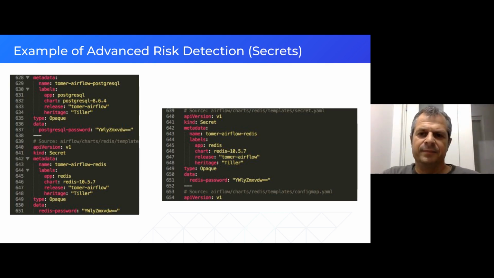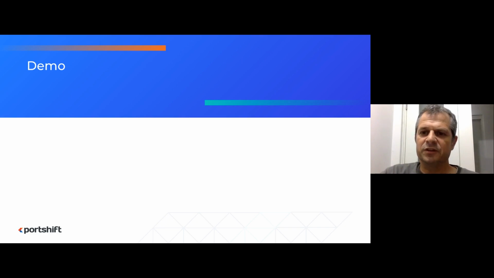So obviously, it's always better to find those in advance, to hide them and prevent them from being deployed like that and being exposed to everyone. Let's make a quick demo so we can see it live.